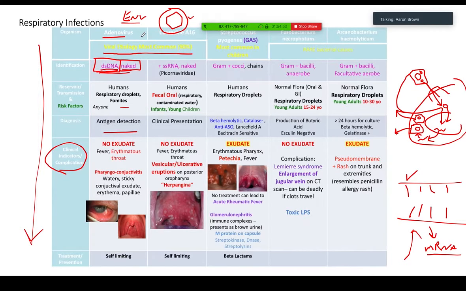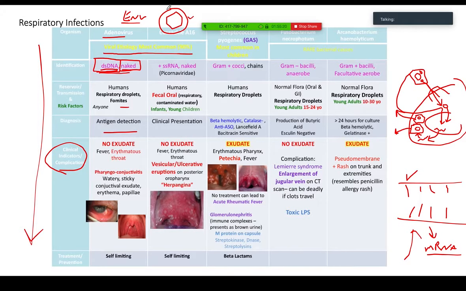So that virus can dry out on the table and still be an infectious agent. Versus an enveloped virus always needs to be in some sort of fluid. So whether it's a respiratory secretion or fecal transmission, if they are enveloped, then they require some sort of medium.